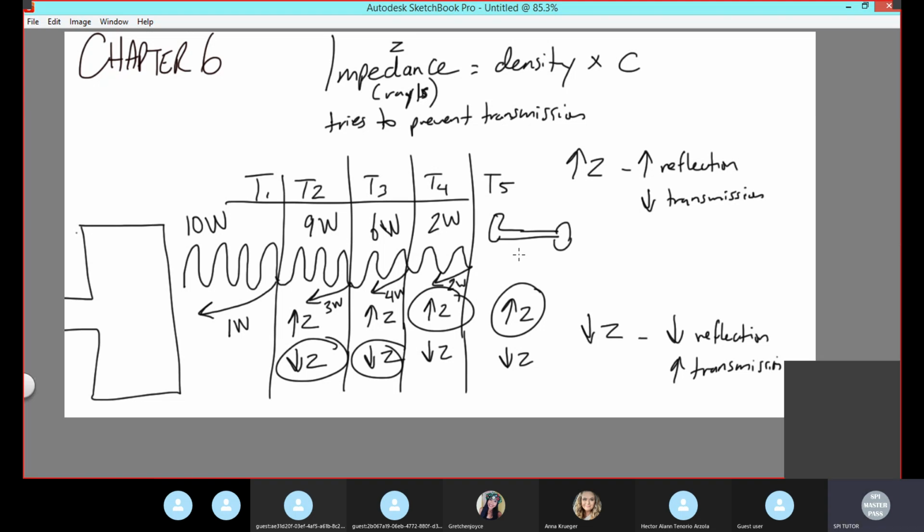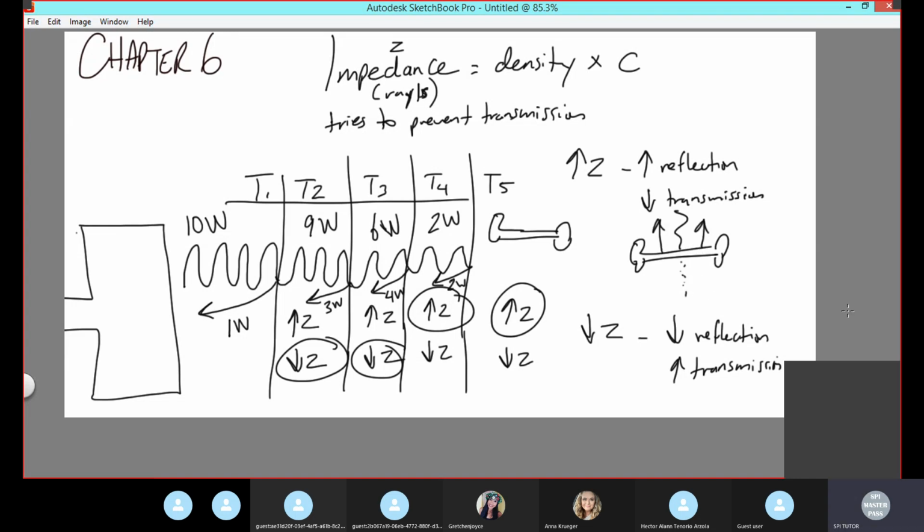Okay, reflections are how your image is created. If you send out a wave and the wave never comes back to you, you never know what was there. Okay, you never know what was there. That's why you need reflections. So when this wave hits bone, it gets absorbed and it gets reflected.